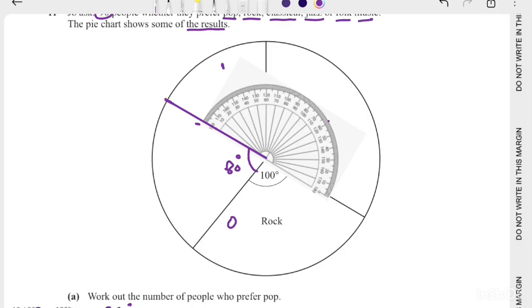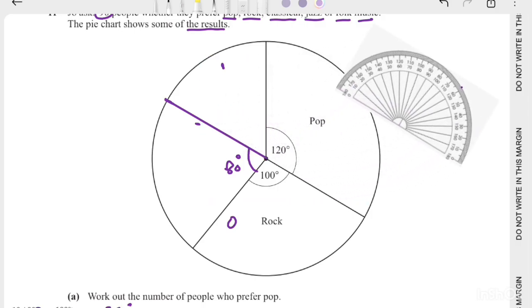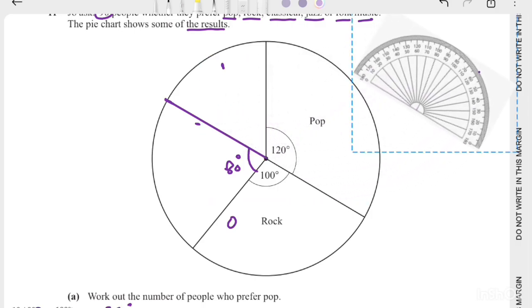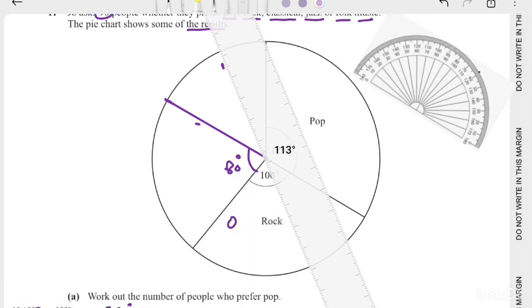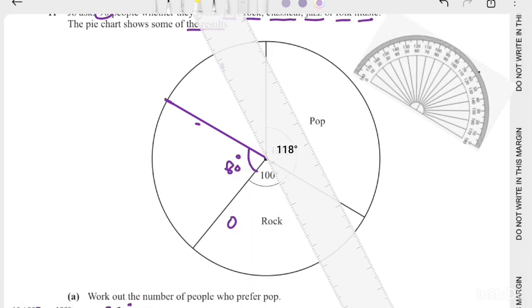Now let me replace it from here. So this would be the angle of jazz. So let me draw it with the help of a scale. So this would be 36 degrees.